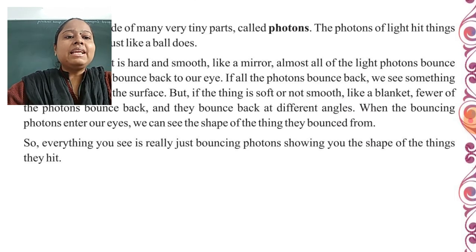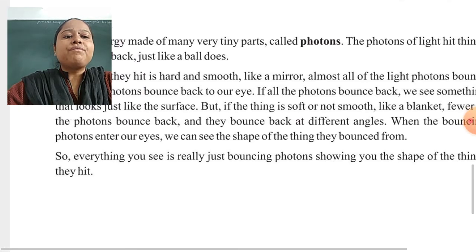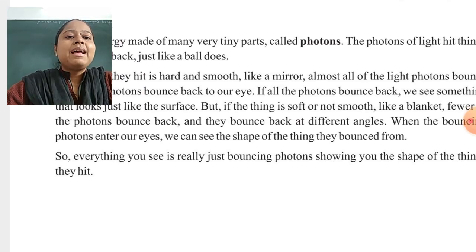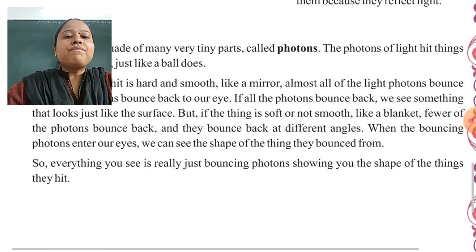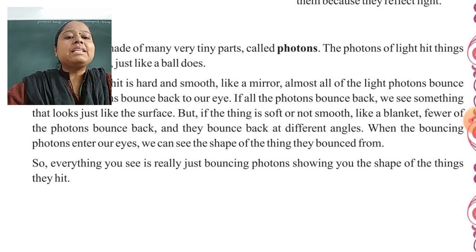So when the thing is soft like a blanket, only a few photons bounce back, and they bounce at different angles. When the bouncing photons enter our eyes, we can see the shape of the thing they bounce from, and we are able to see this shape.